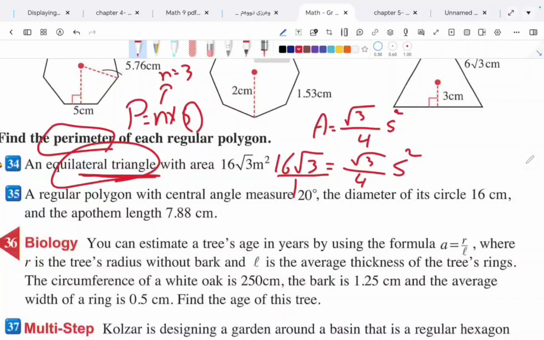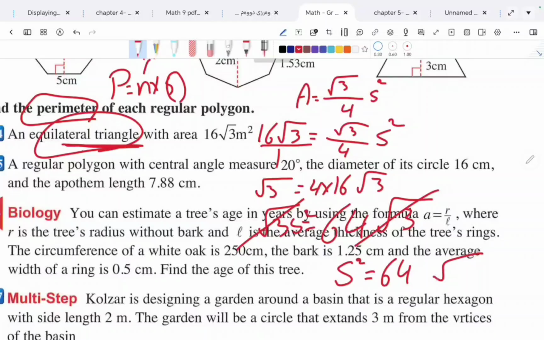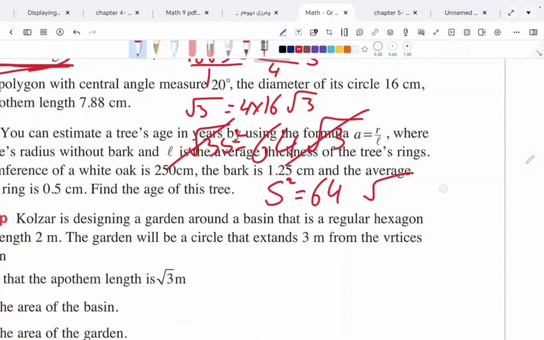Square root of 3 times s power 2 equals 4 times 16 square root of 3, it is 64 square root of 3. Square root of 3, square root of 3, they cancel each other. S power 2 equals 64. How to get rid of s power 2? Take a square root of each side. So s equals 8.